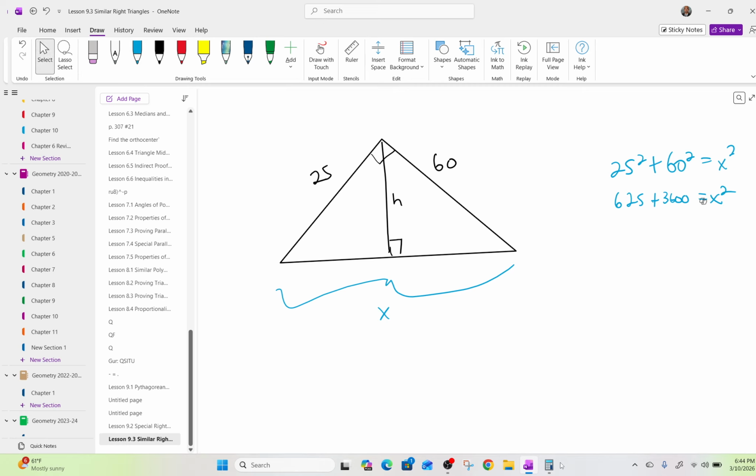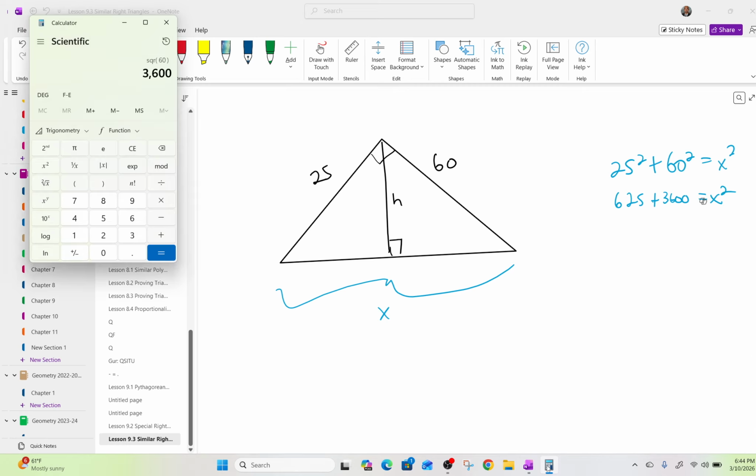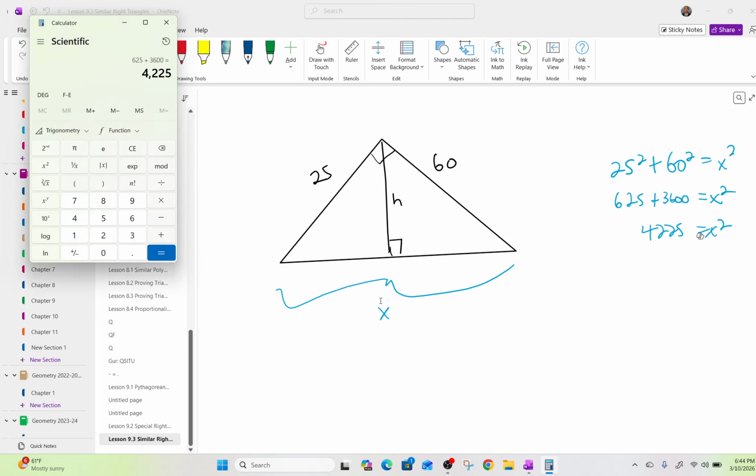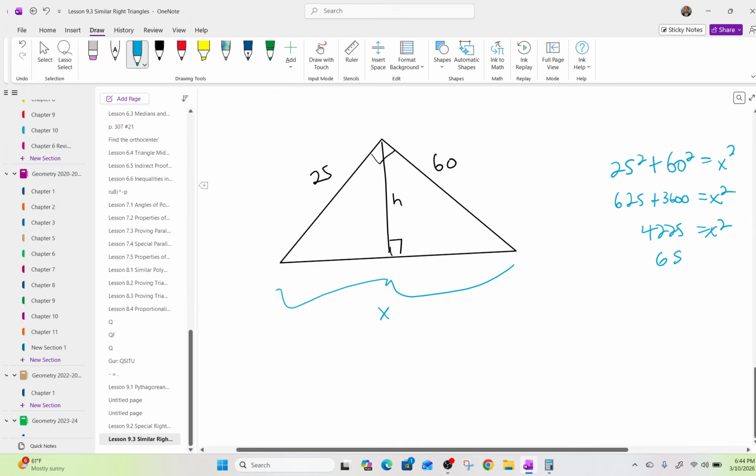According to my calculator, 625 plus 3,600 is 4,225. Let's just try it. Who knows? Maybe that's actually going to be a square number. Square root of 4,225. It's 65, right? Sweet. So that one would be in a Pythagorean triple. That's pretty cool. All right. So this entire thing is equal to 65.